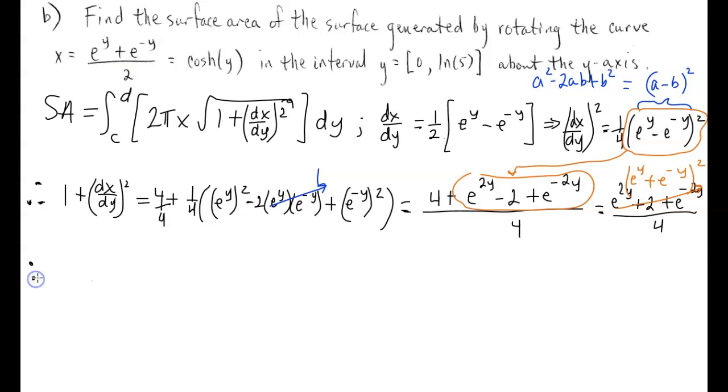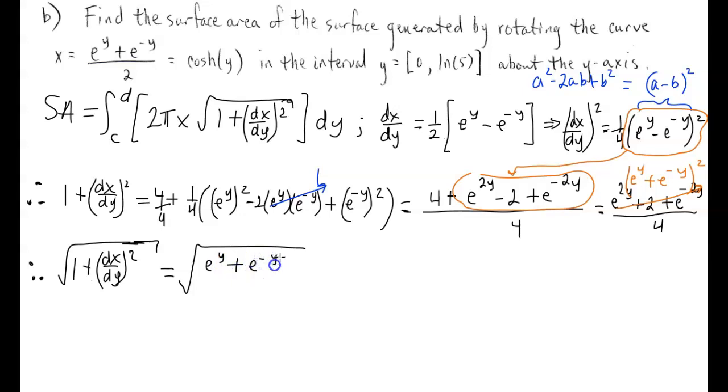All right, so therefore, we'll now go ahead and say that square root of 1 plus the derivative of x with respect to y, quantity squared here, we'll say that all of that is pretty much equal to square root of e raised to the y plus e raised to the minus y, quantity squared, all that divided by 4.